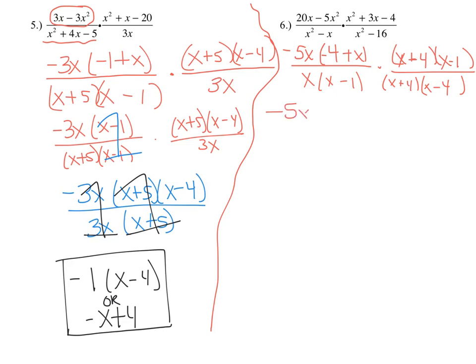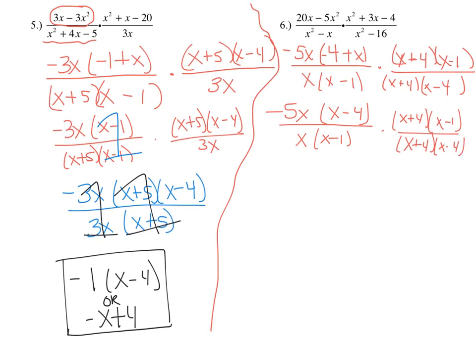So now again, I'm going to rewrite this numerator of the first one a bit. Instead of negative 4 plus x, I'm going to write it as x minus 4. And then I've got some simplifying I can do in both fractions.